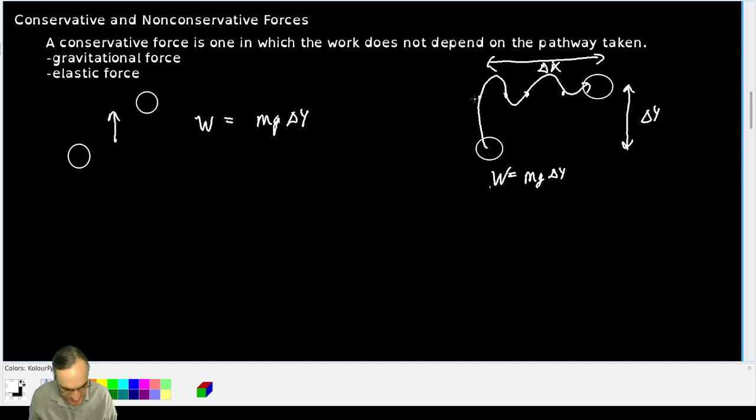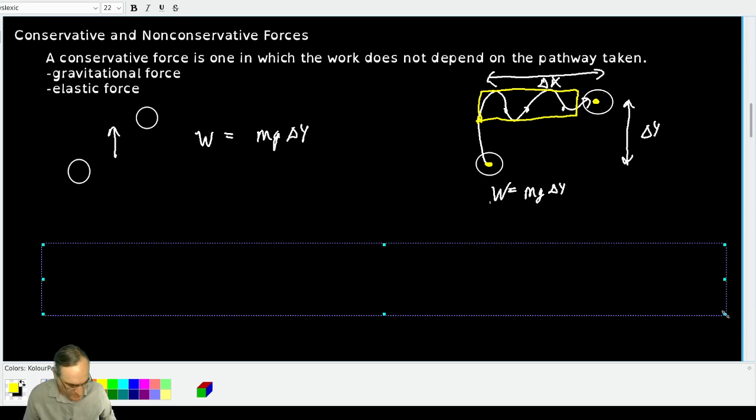So all this stuff that's in the middle here, I'll do it in a different color. Pretty much everything in here matters not the slightest to the motion. It's just a straight up rise as far as things are concerned. So we really only care about the initial and final locations, the very definition of a conservative force.